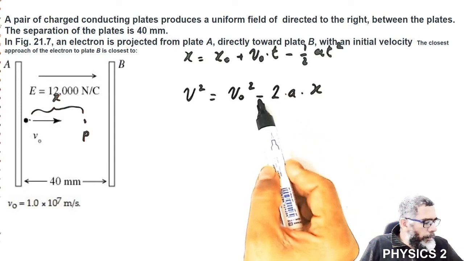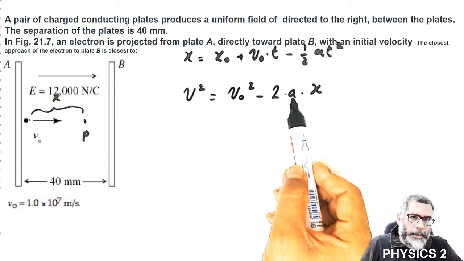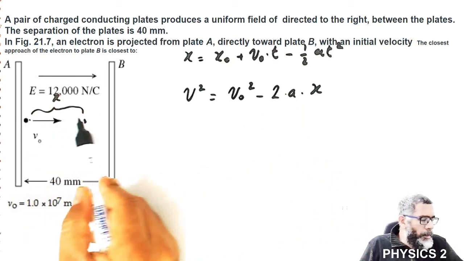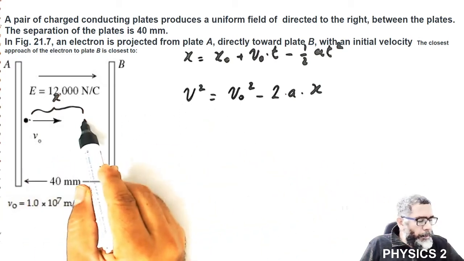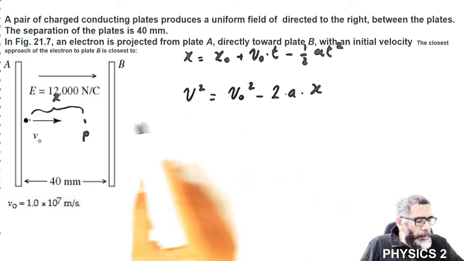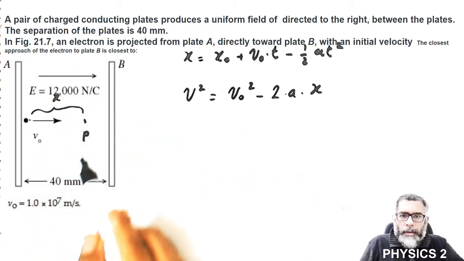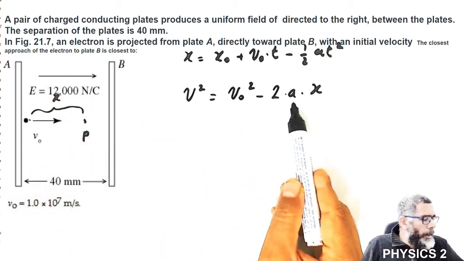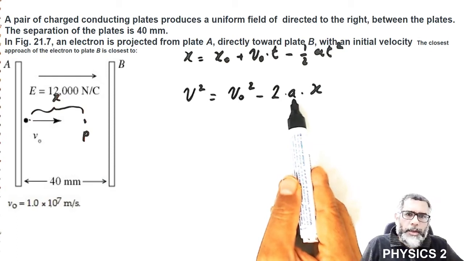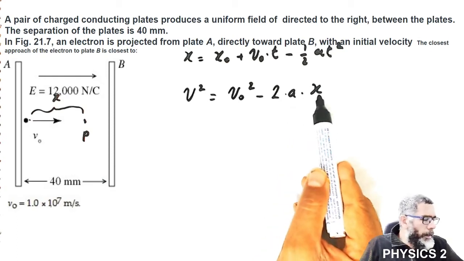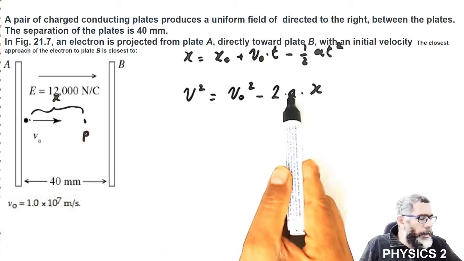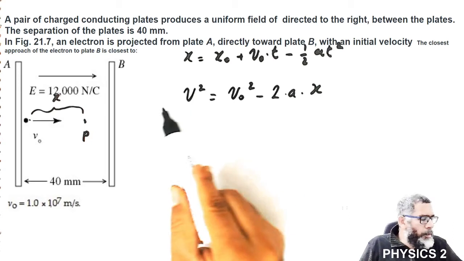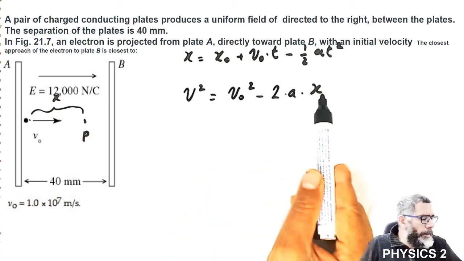So this is why we have a minus sign over it, because while it's going in this direction, the acceleration is just opposite. All right. We know at the stopping point that the velocity is 0. We know the initial velocity is 10 to the 7. And do we know the acceleration? Well, we can find it, and then we can find the distance. And the nice thing about this equation is that there is no time needed to be found, okay?